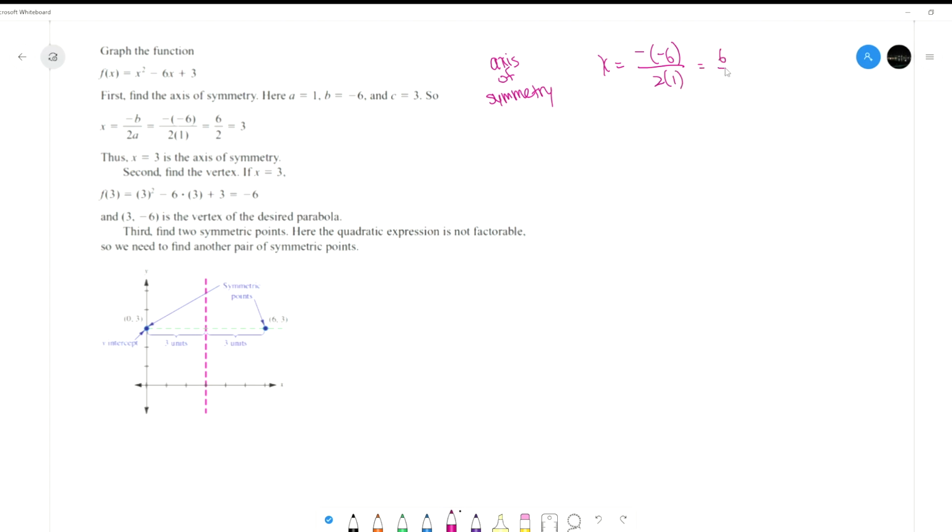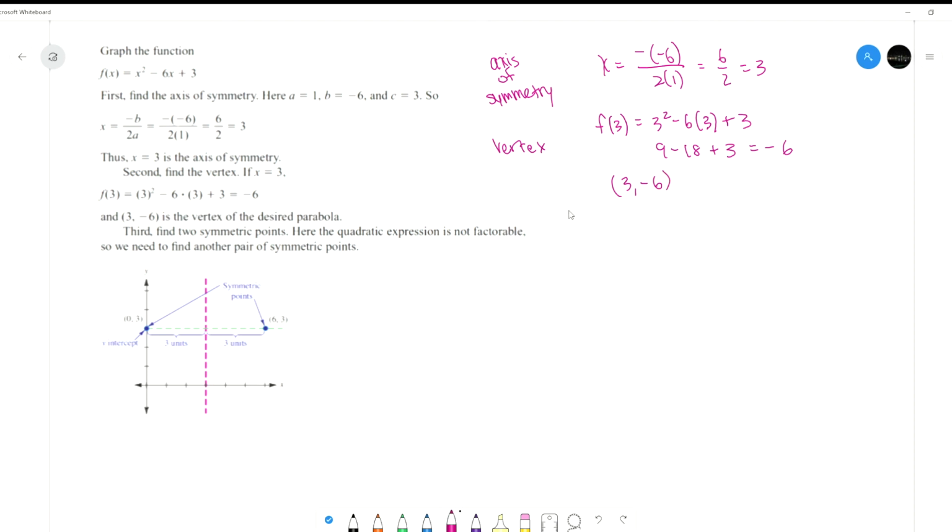So that's positive 6 over 2 equals 3. Alright, so the vertex is when you substitute that 3 into the function. So f of 3 is equal to 3 squared minus 6 times 3 plus 3. So that's 9 minus 18 plus 3. So that's equal to negative 6. That means the vertex is what? X is 3, y is negative 6.